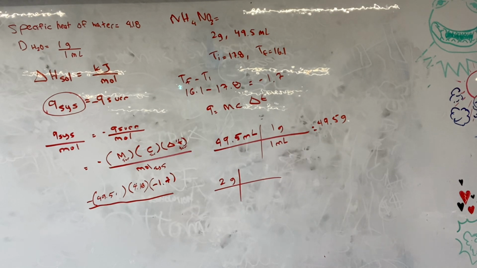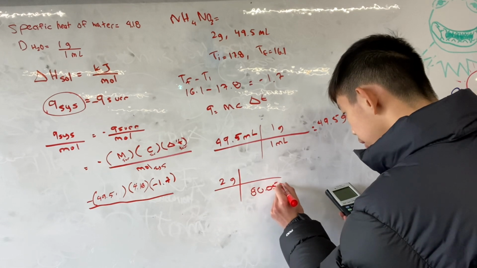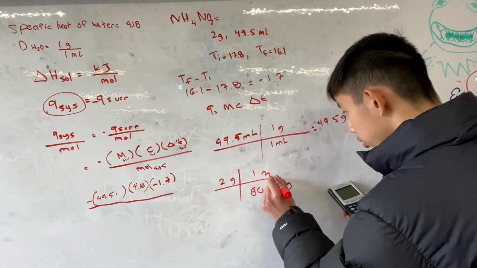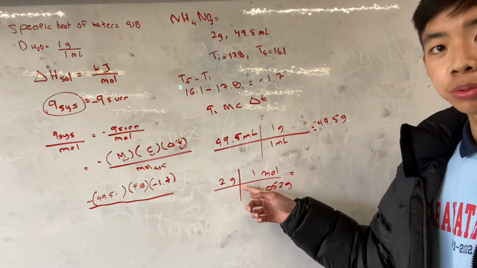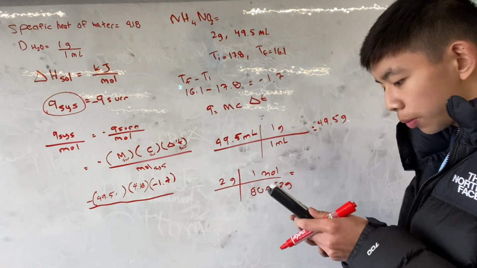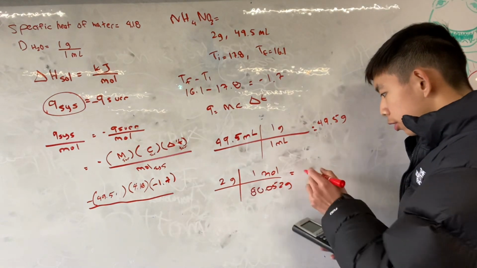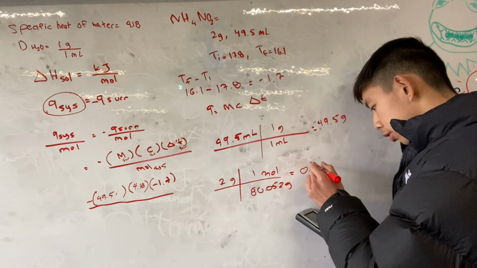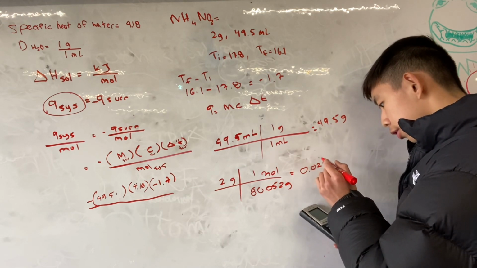So my molar mass would be 80.052 grams for 1 mole. Simple division, 2 divided by 80.052 will give me 0.0249.